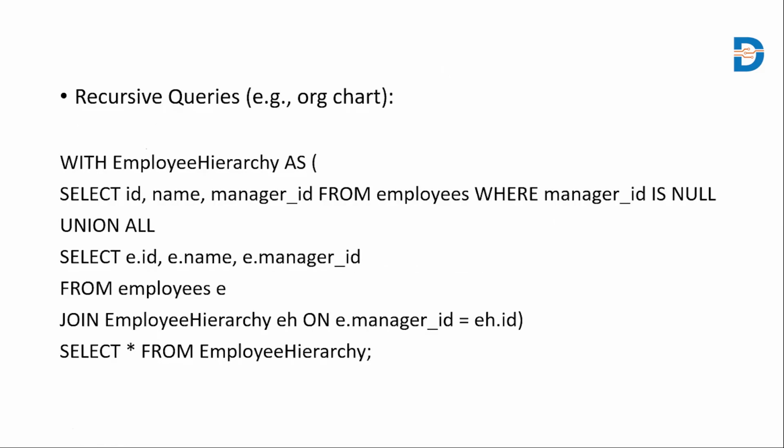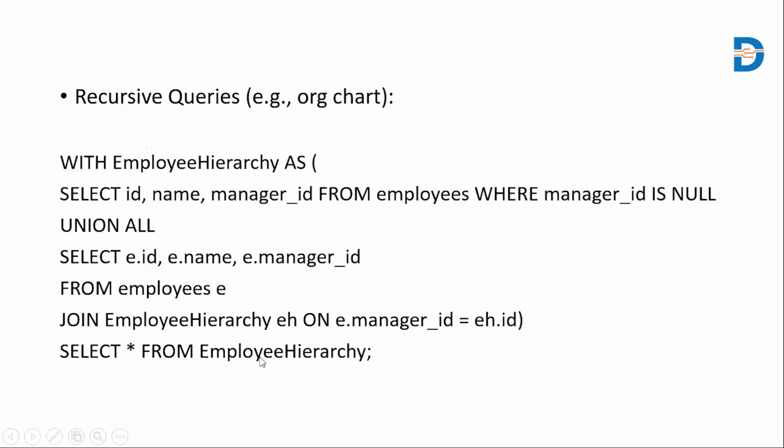We can also use recursive queries, like an organization chart. WITH employee hierarchy AS, SELECT id, name, manager ID FROM employees WHERE manager ID IS NULL, UNION ALL SELECT e.id, e.name, e.manager ID. Here e is the alias name for employees. After that, FROM employees e, or we can write employees AS e.